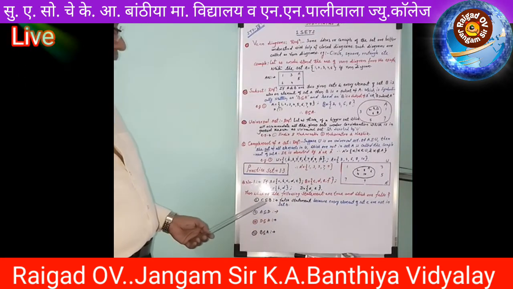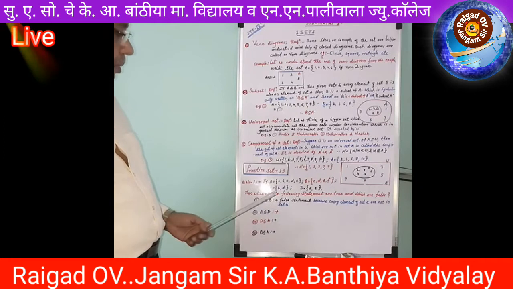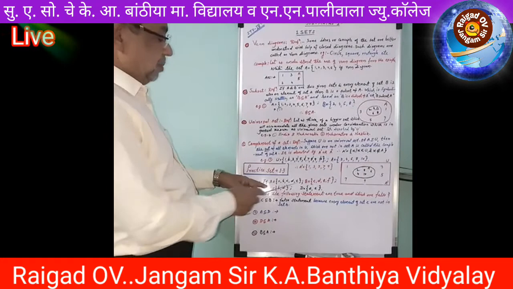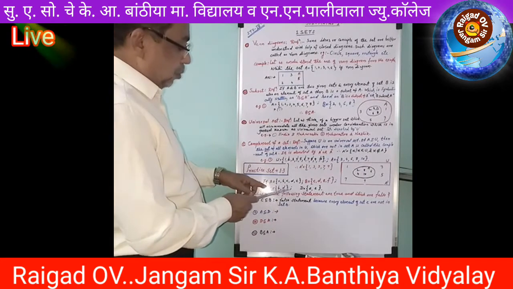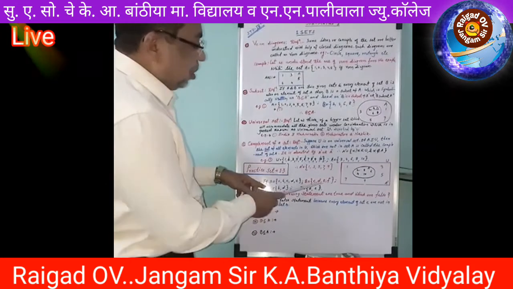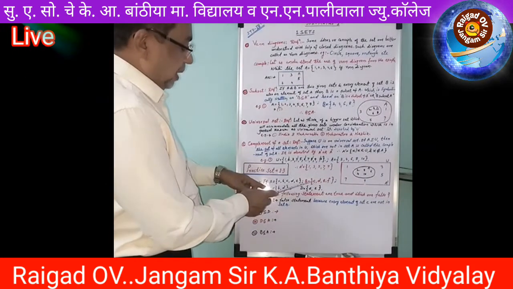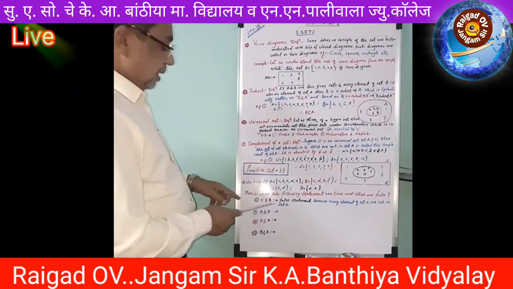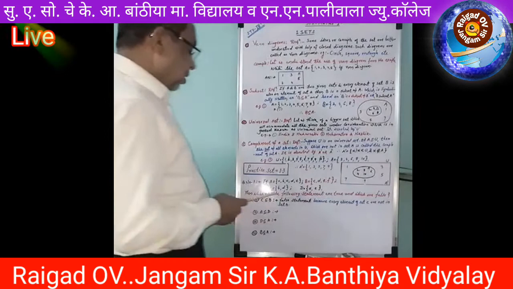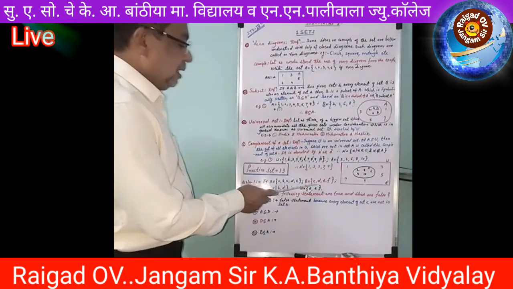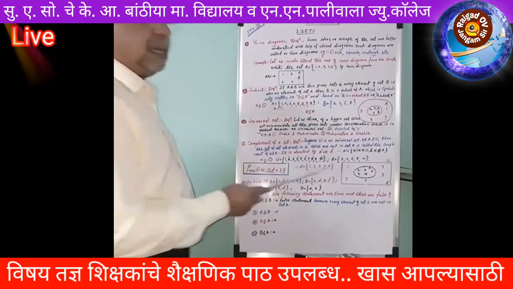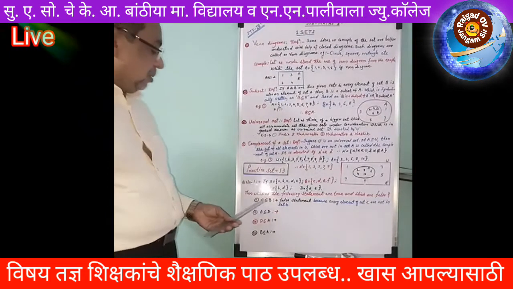See here, C is a subset of B. So you compare the two sets C and B. B and D, two elements are here, but B is not present in set B. Hence this statement is false, because every element of set C is not present in set B.